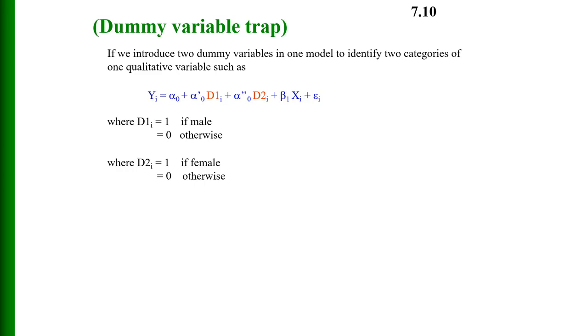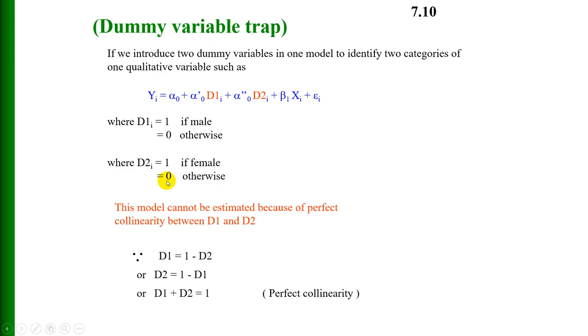If we introduce two dummy variables in one model to identify two categories of the qualitative variable, such as yi equals alpha naught plus alpha naught prime d1i plus alpha naught double prime d2i plus beta 1 xi plus epsilon i, where d1i is equal to 1 if male and 0 otherwise, and d2i is equal to 1 if female and 0 otherwise, this model cannot be estimated. Why? Because there will be a problem of perfect multicollinearity when we include both d1 and d2 in this model.